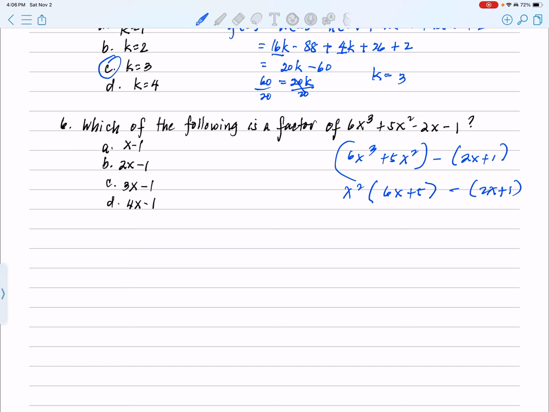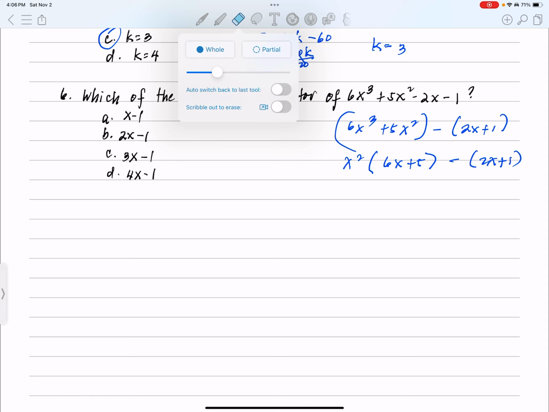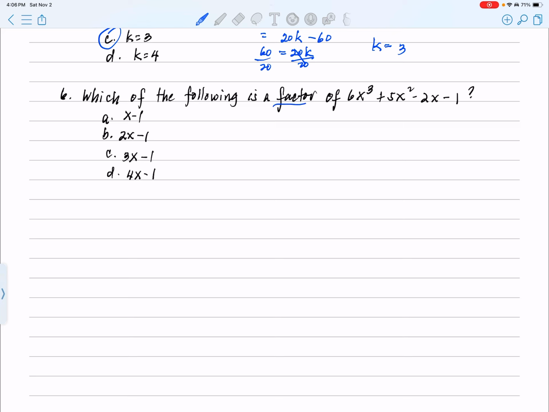If you encounter a problem like this, the best thing to do is to look at your choices. And you have to be sure. From doing that, with your choices right there, I'm going to erase this. That's the way you can find the factor, because it's the choices.